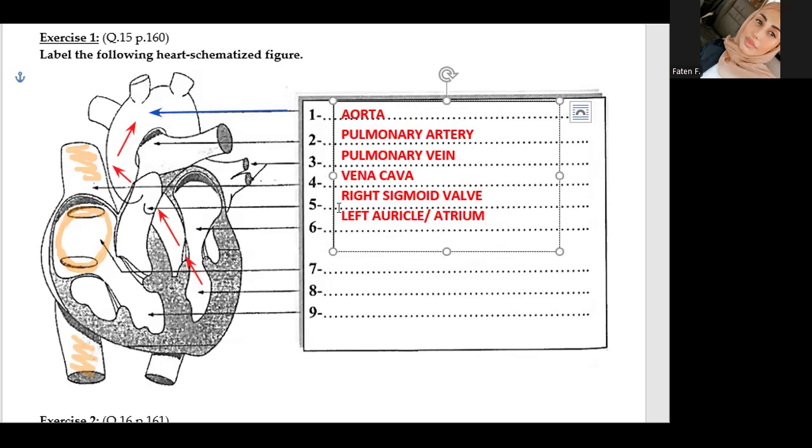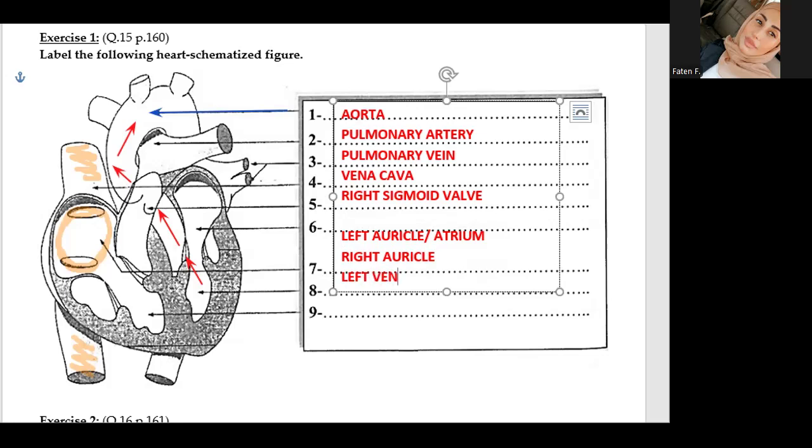Let's go to number 7. Number 7 is the right auricle. Number 8, left ventricle.